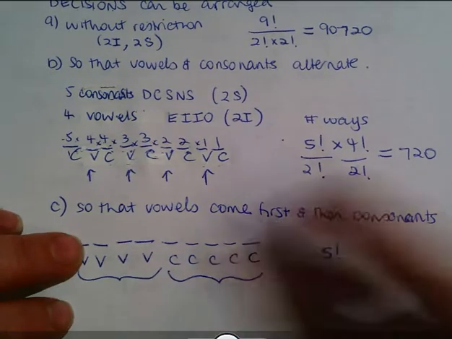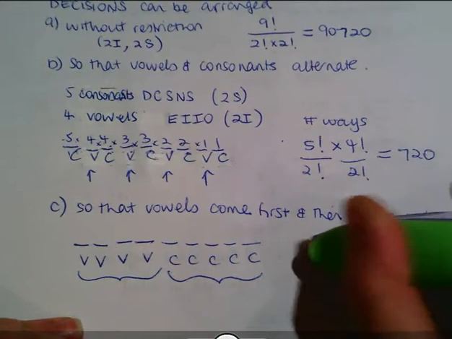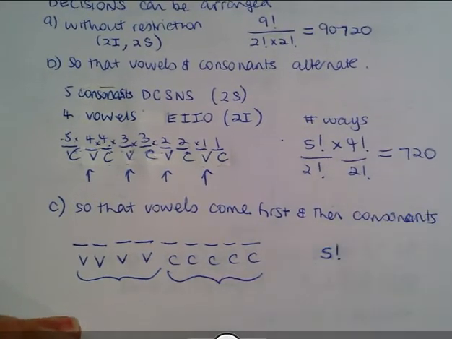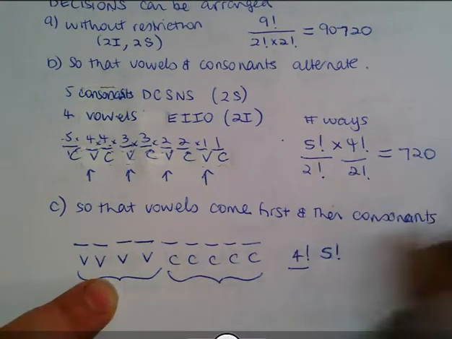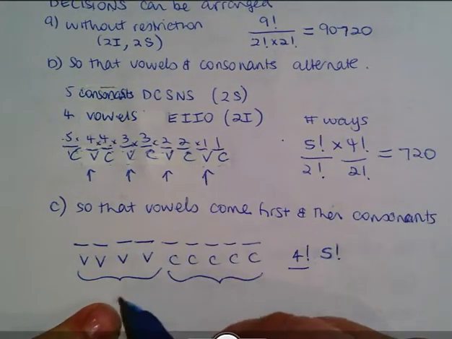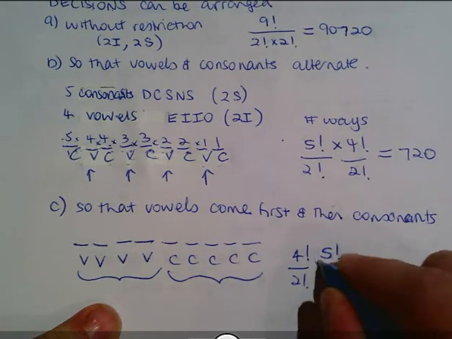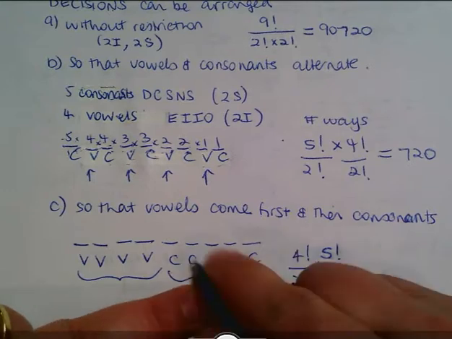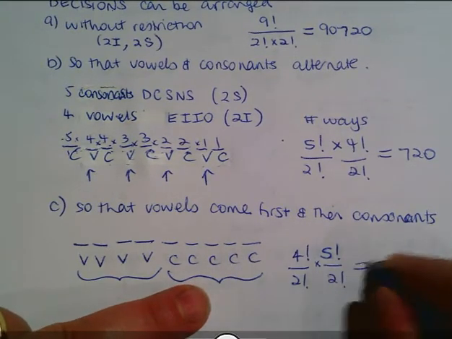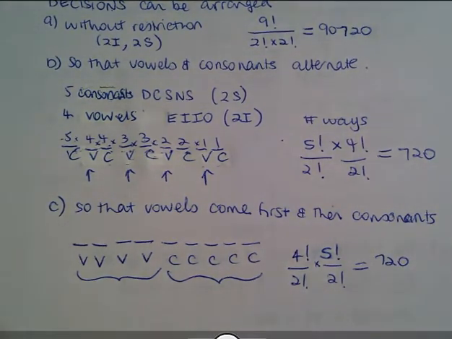So these vowels have to be here. Sorry, it's not 5 factorial, it's 4 factorial. So it's 4 factorial, and now we know that in the vowels we've got 2 I's, so it'll be divided by 2 factorial. Then the consonants must come here. So times 5 factorial to order these, over 2 factorial again, which again is 720.